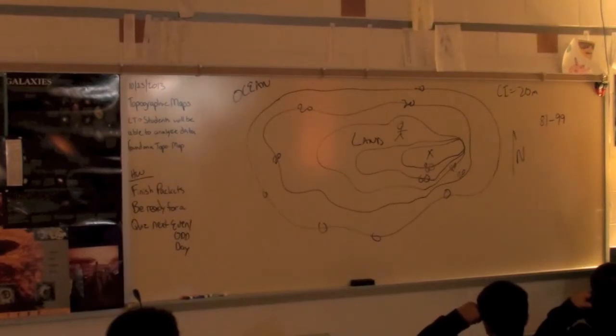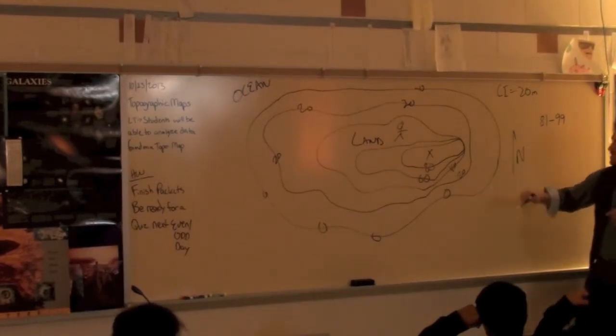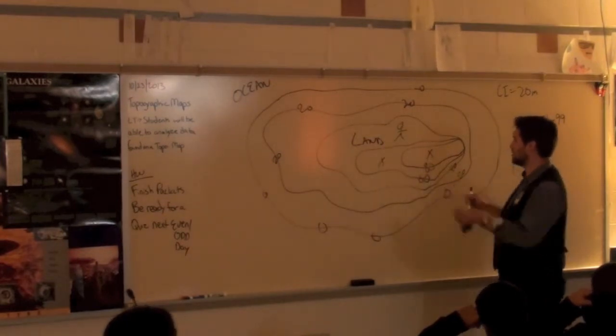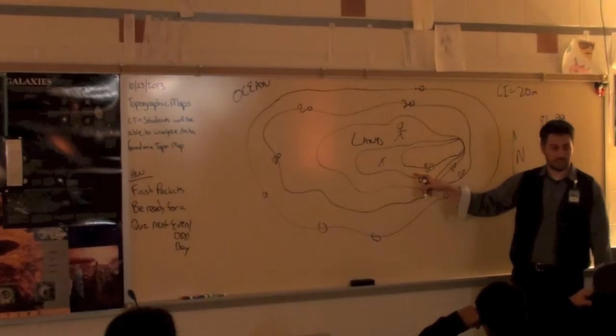Yeah. Okay. The minimum is 81, but I don't understand why it has to be the 80. No, it has to be under 100. I understand the question. Okay. If I'm standing right here, okay, let me change my spot. I have to be above 60, but less than what? 80.